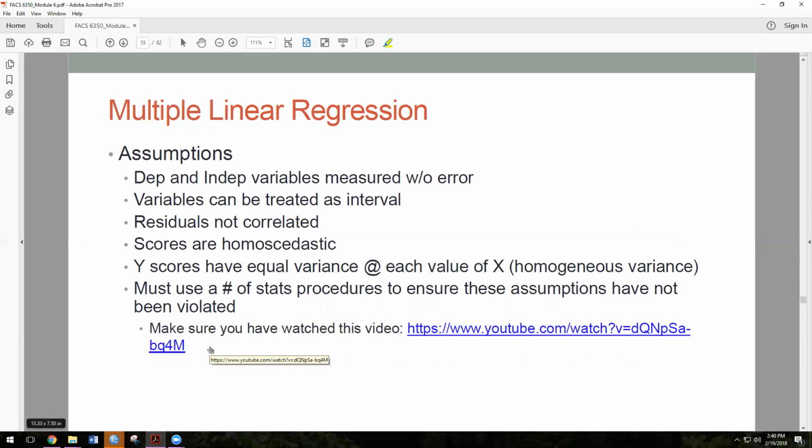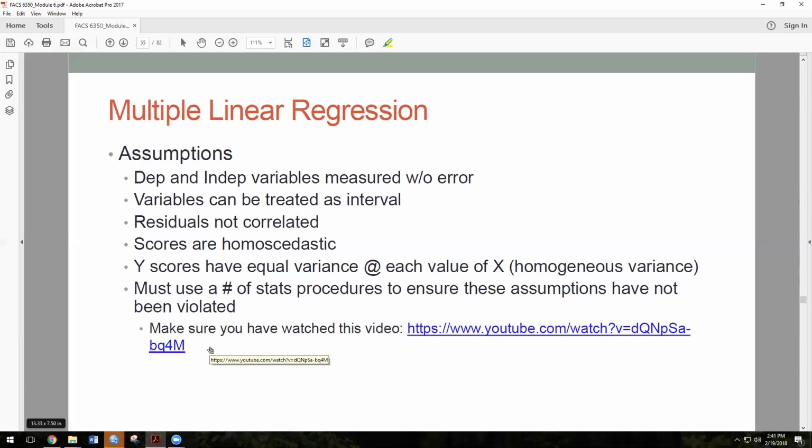So your assumptions for multiple linear regression, the first is that you have dependent and independent variables measured without error, that you can treat your variables as interval. So like we talked about, they ideally should be continuous variables. But if you have more than about 5 categories, you can treat them as interval. It's just really, really hard to explain or to interpret.